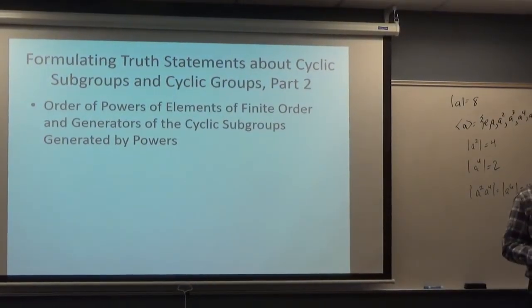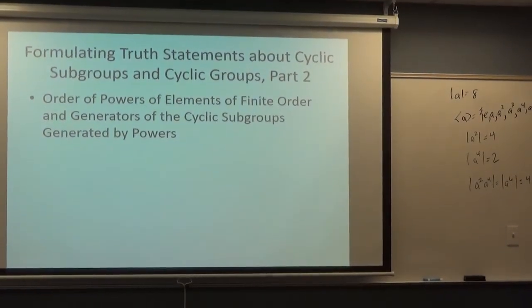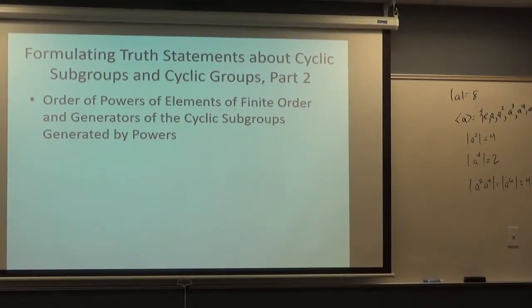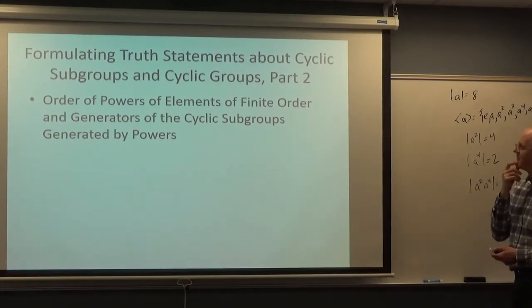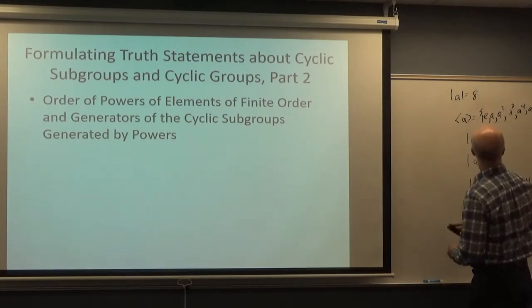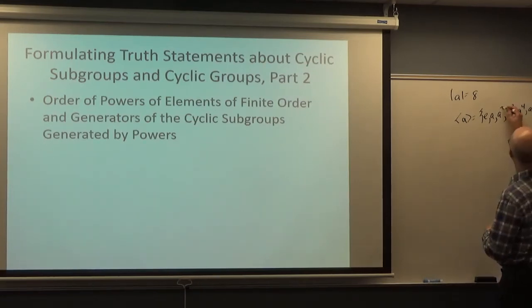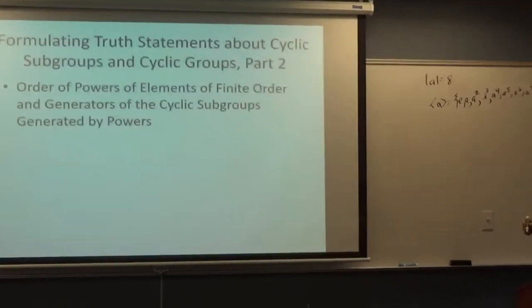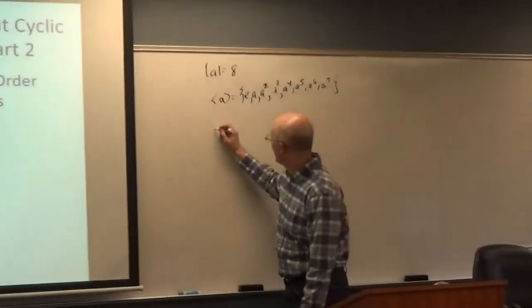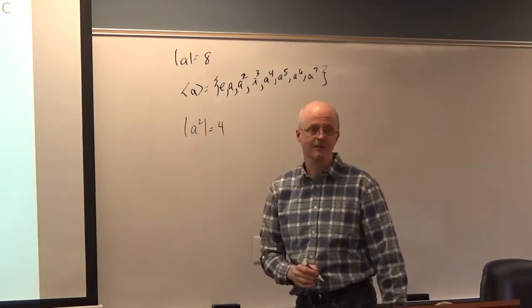This one is, I think, perhaps the trickiest one to formulate. There's a theorem about the orders of powers of elements of a finite order and generators of the cyclic subgroups generated by those powers. That's kind of confusing sounding. Well, let's keep this up here. The order of A squared is 4.